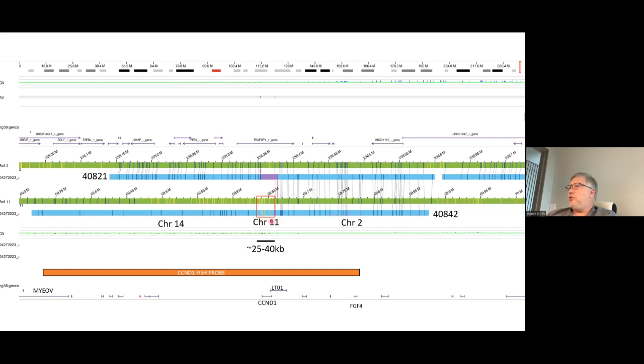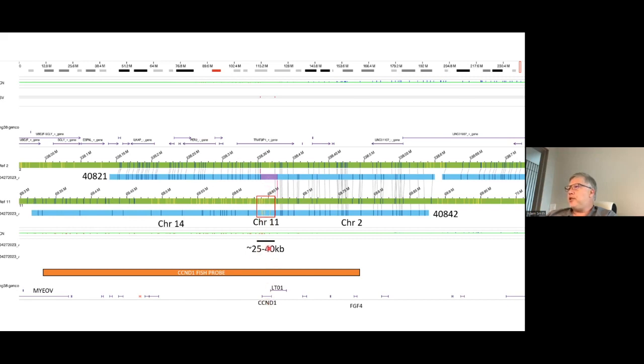It actually shows a region that maps perfectly back to chromosome 11. So you can see this rearrangement. What's happened here is this is exactly where the CCND1 gene is, right in this region here.